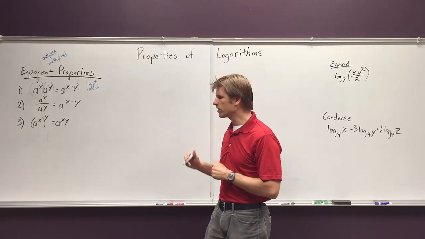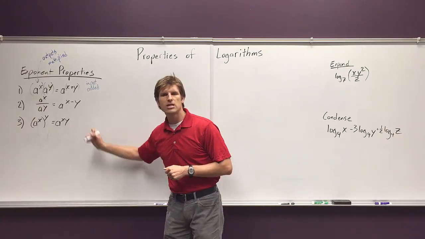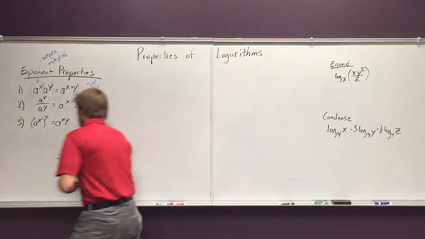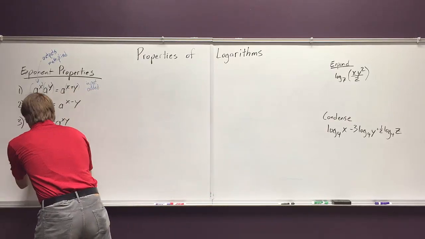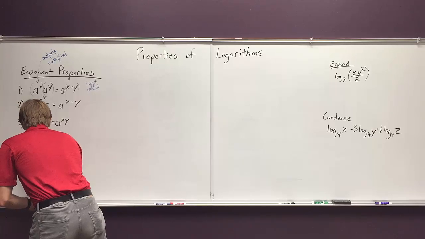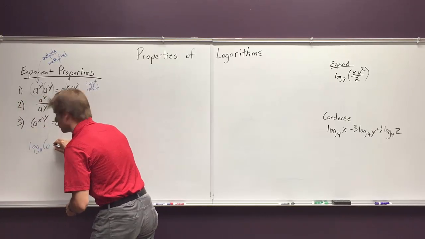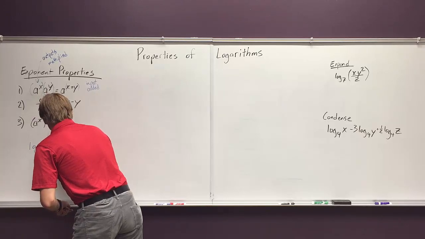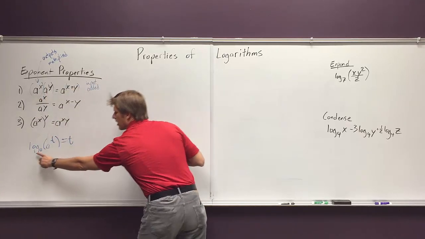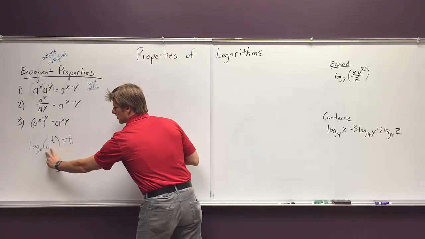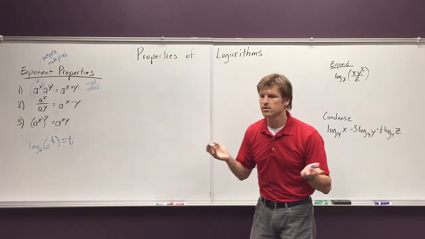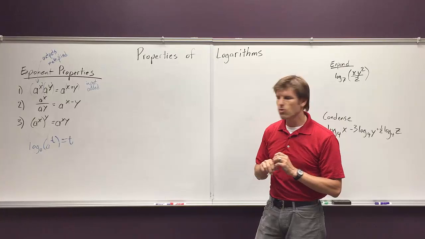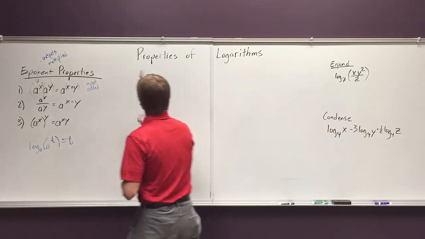Now, before we get going, there's one more property that we need. Just remember, because they're inverses, if you ever see anything like log base a of a to the t, it just equals t, right? These are inverse functions, and so we get back t. So with that, let's see what we get. Here are what the rules are going to give us.